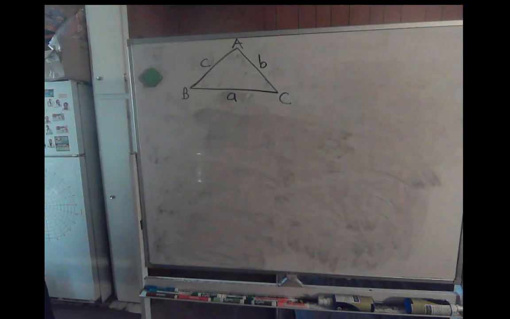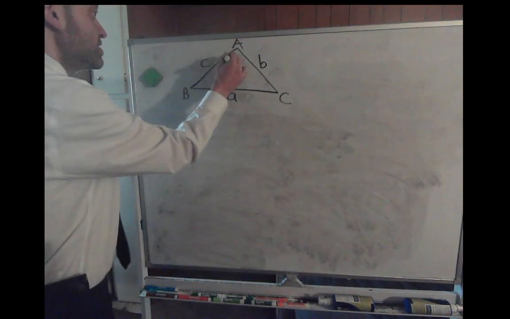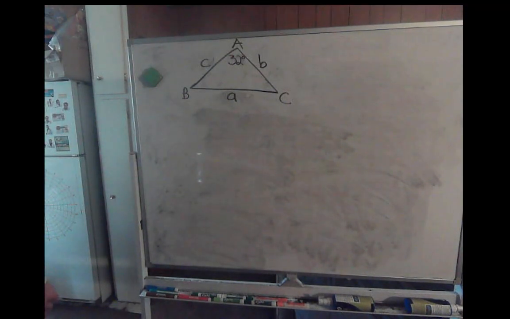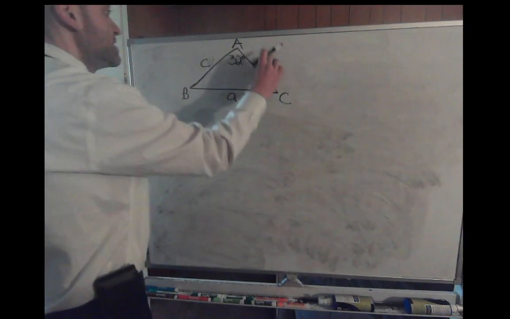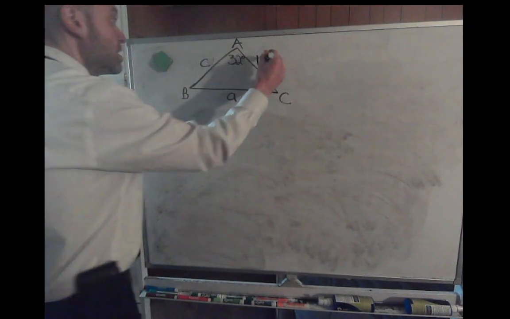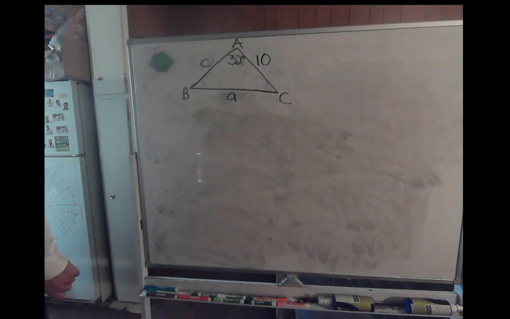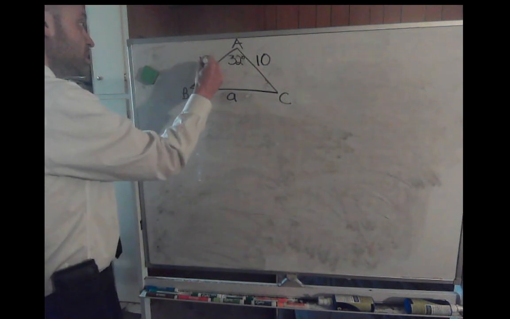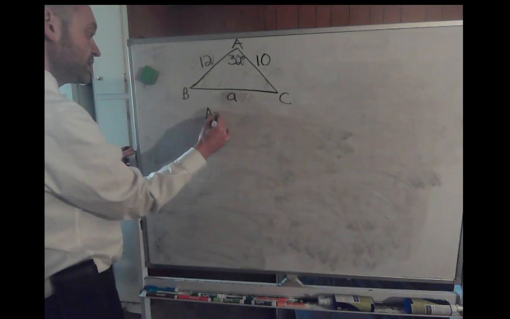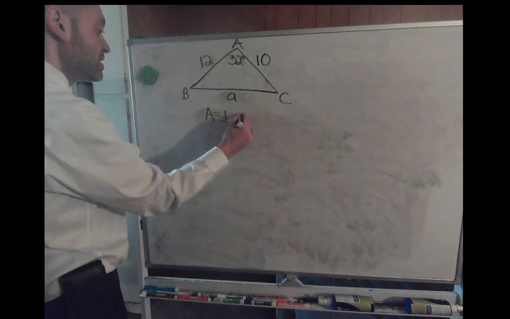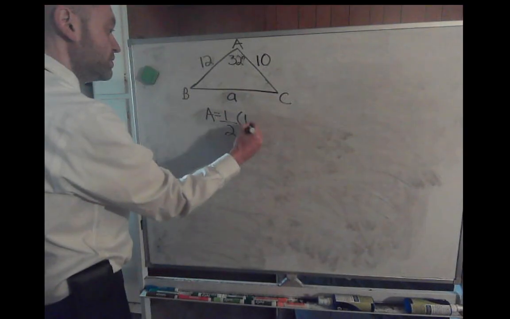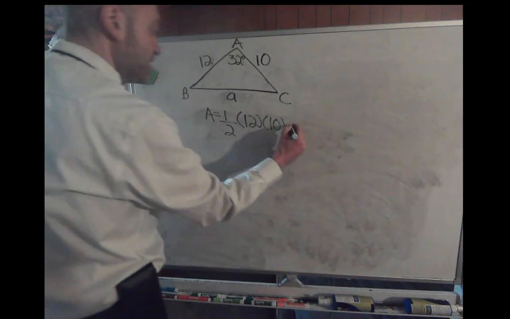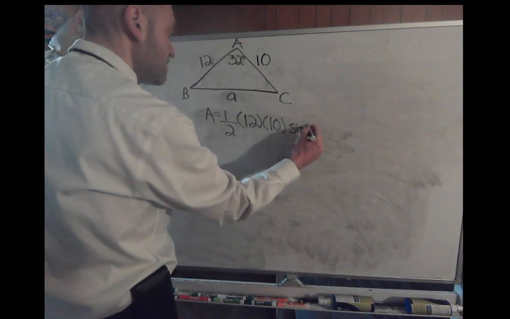I got one more. Angle A is 32 degrees, side B has a length of 10, and side C has a length of 12. So the area is going to equal 1/2 of 12 times 10 times the sine of 32 degrees.